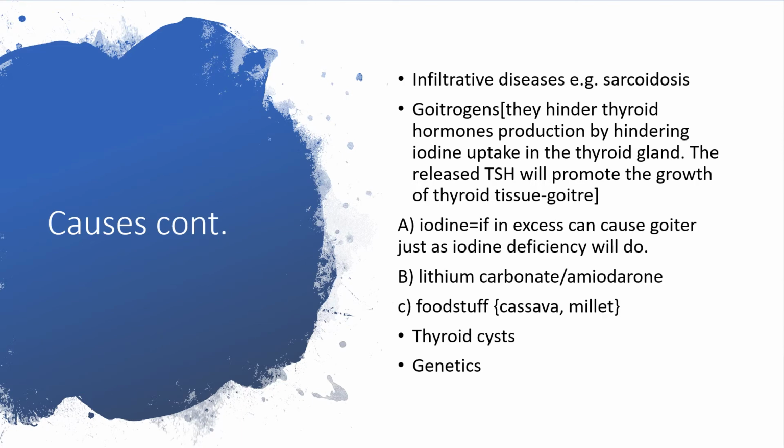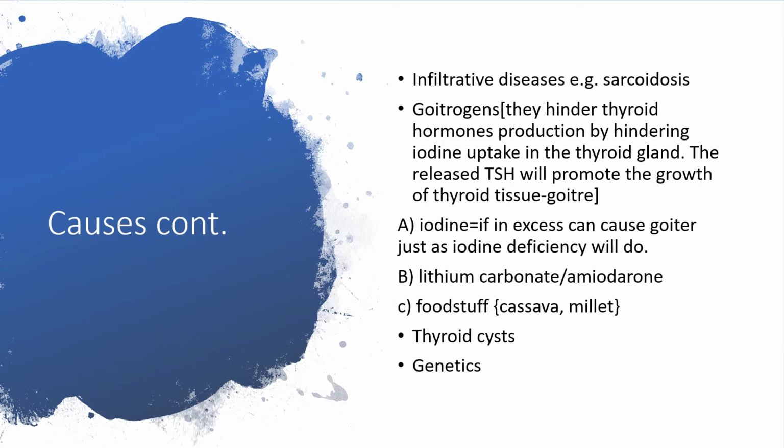Still on causes, infiltrative diseases like sarcoidosis, and goitrogens. Goitrogens hinder thyroid hormone production by hindering iodine uptake in the thyroid gland. The released thyroid-stimulating hormone will promote the growth of thyroid tissue.